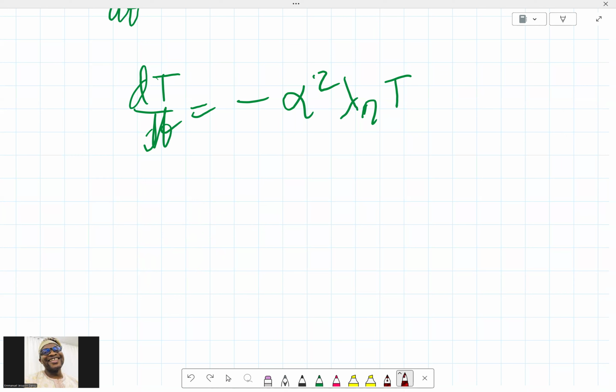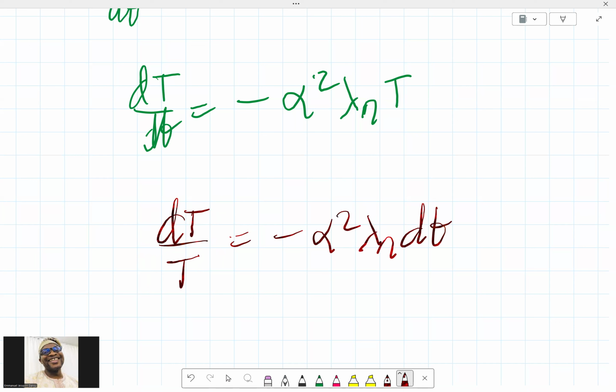So we have dT all over big T equals minus alpha squared lambda n dt. Yeah, this is what should be done.